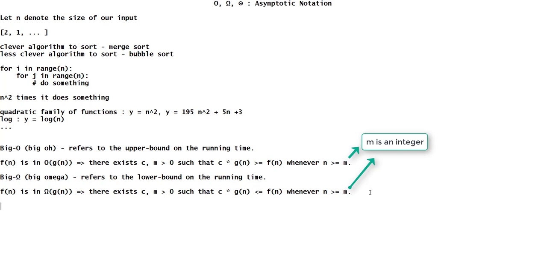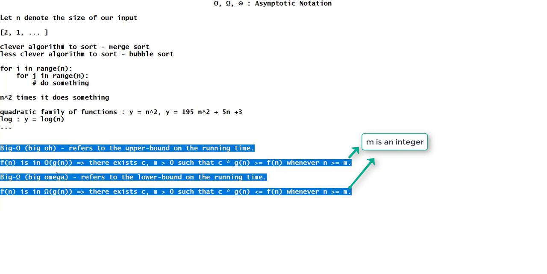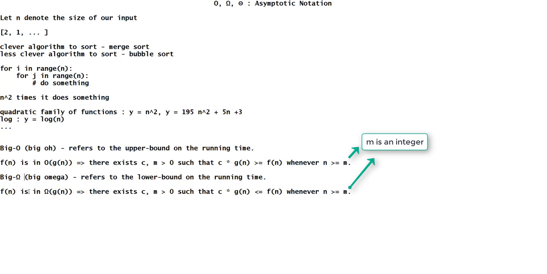And now, if we see that we have both of these, we have big O and we have big omega, and both these big O and big omega conditions are true, and f of n is in this family of functions and f of n is in this family of functions, then precisely we can say that f of n has to look something like quadratic all the time, or f of n has to look something like log all the time, right?